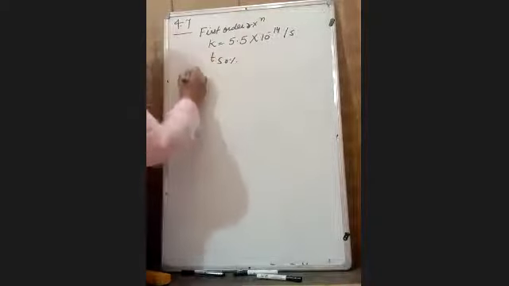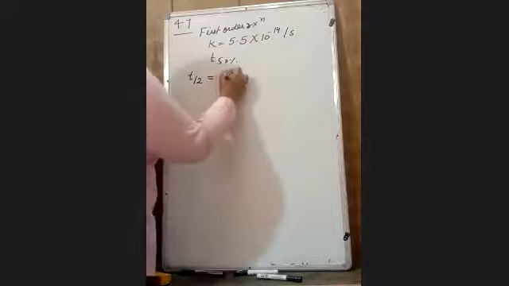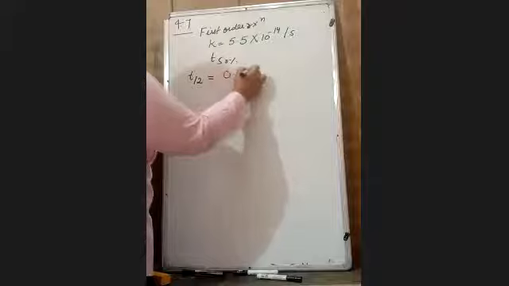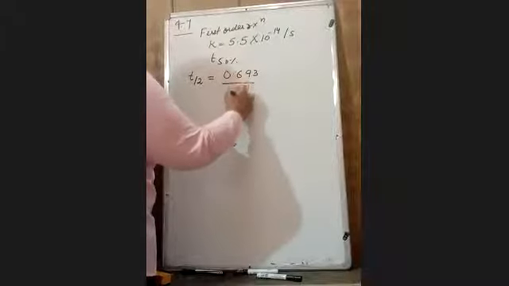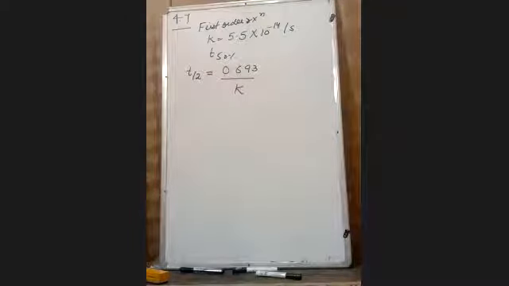What is the formula? T half is equal to 0.693 over K, because it is a first order reaction. Excuse me, ma'am. Yes, Krishna. Ma'am, the video is getting blurry in between.